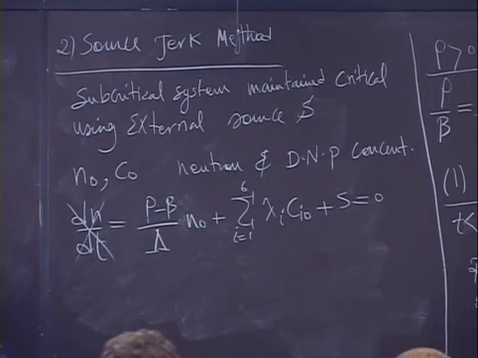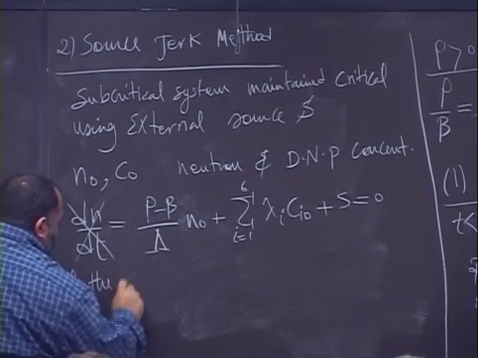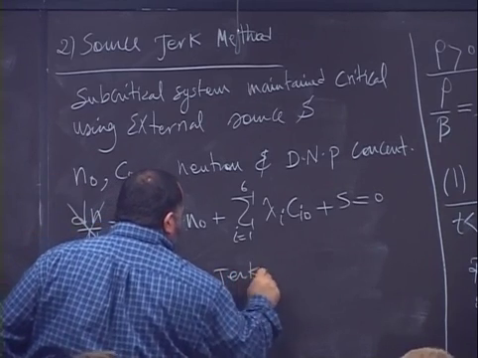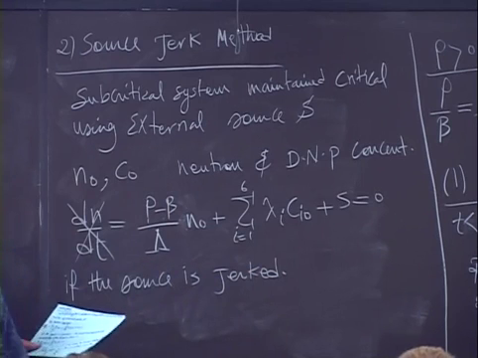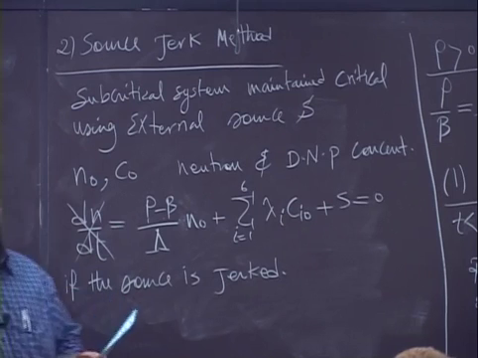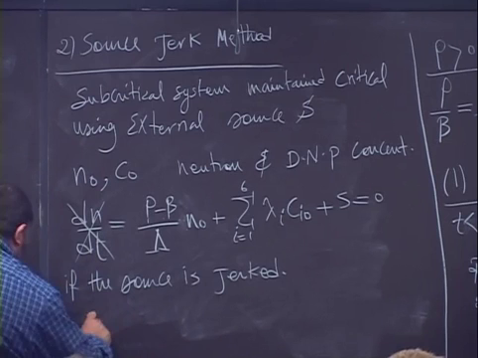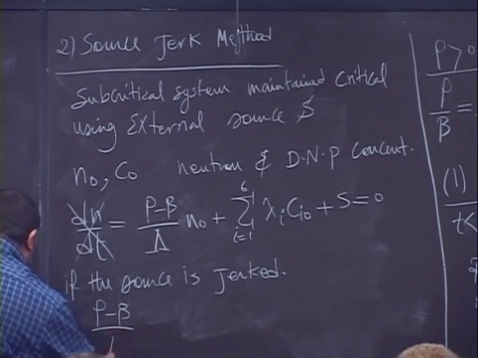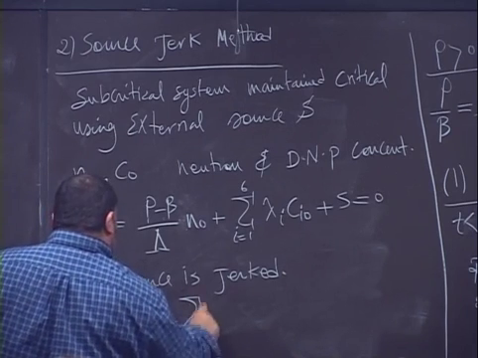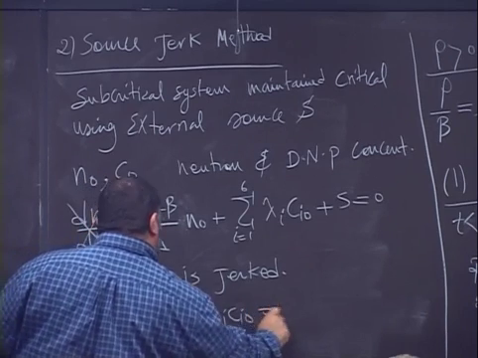If the source is now jerked, the prompt jump approximation immediately after the source has been jerked is just rho minus beta divided by gamma N1 plus the summation of i equal 1 to 6 lambda i Ci naught equal to 0.